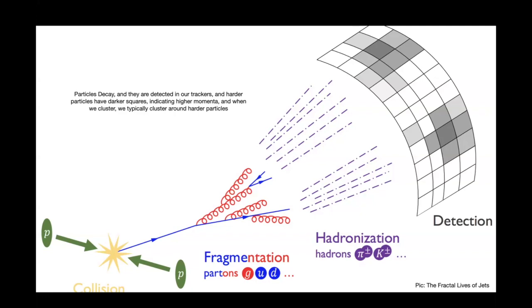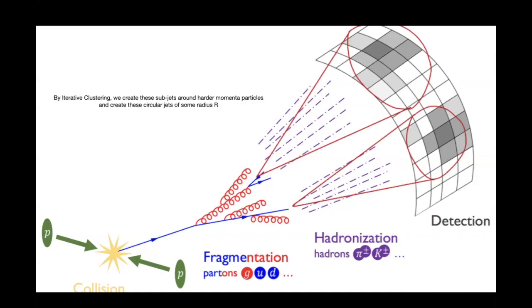In this case, the darker the square, the higher the momentum of the particle, so a harder particle. The idea is you're going to cluster around higher momentum particles, and you want to find out the original particle that your huge cascade of decays came from.